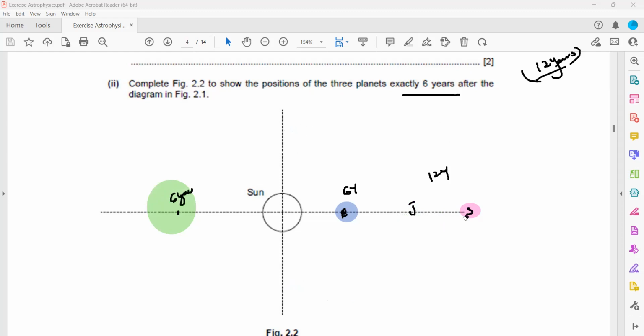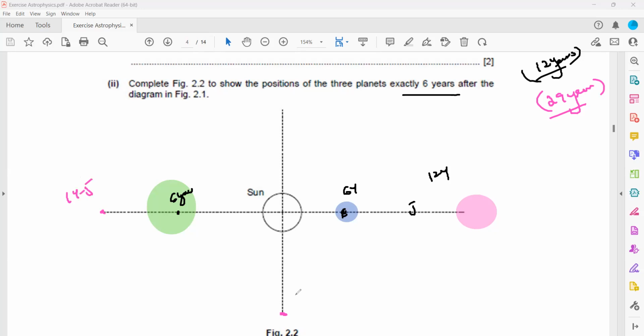Now for Saturn. One complete rotation of Saturn is 29 years. So Saturn starts here. Half of 29 is 14.5, so 29 divided by 2 is 14.5. After 14.5 years, it will be here.